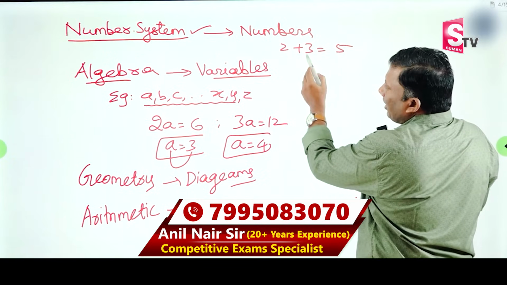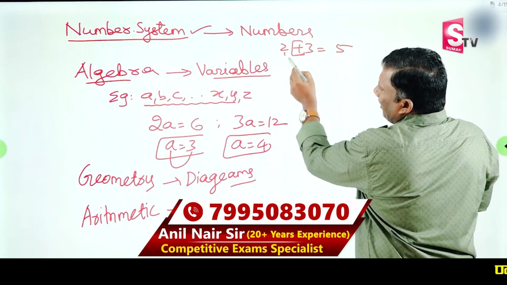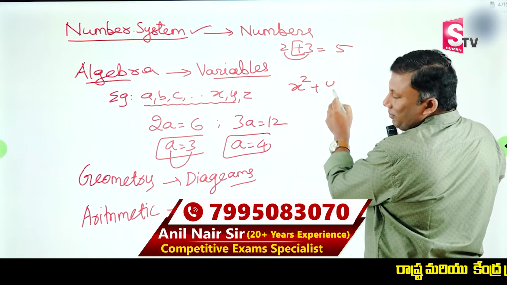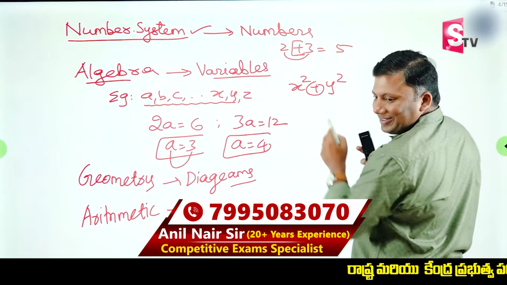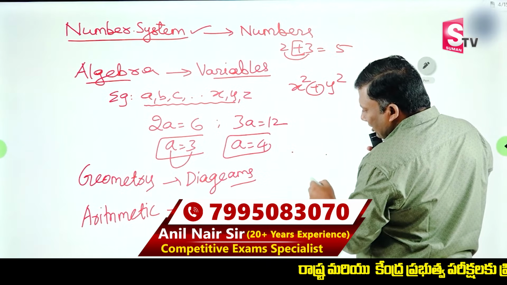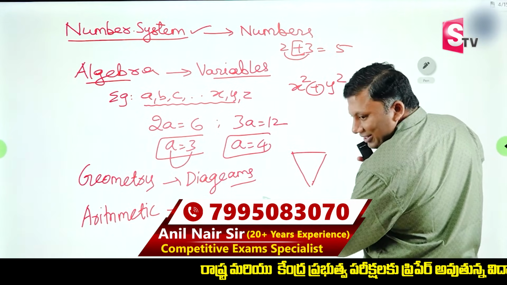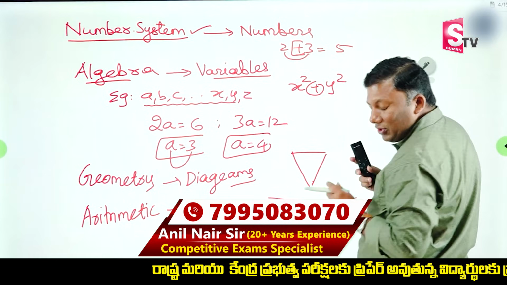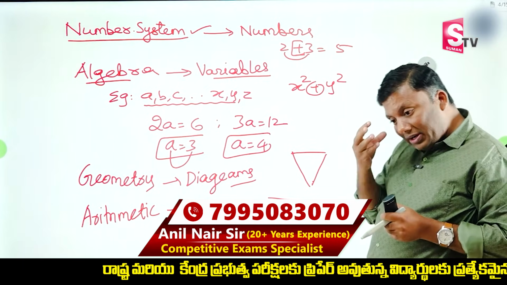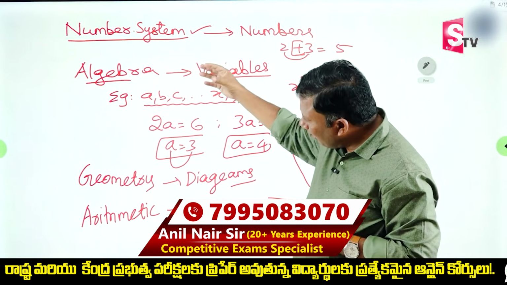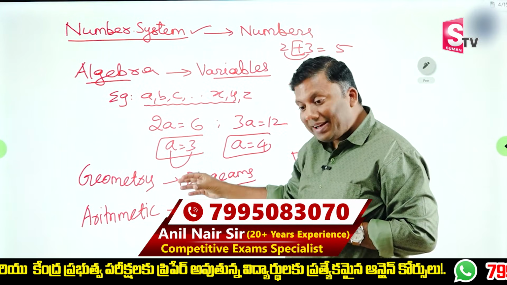Plus is applied on numbers. X square plus y square, plus is applied on x square. 3 dots are joined, it is a triangle. So you will apply mathematical operations on numerical problems, variable problems, or diagram problems.